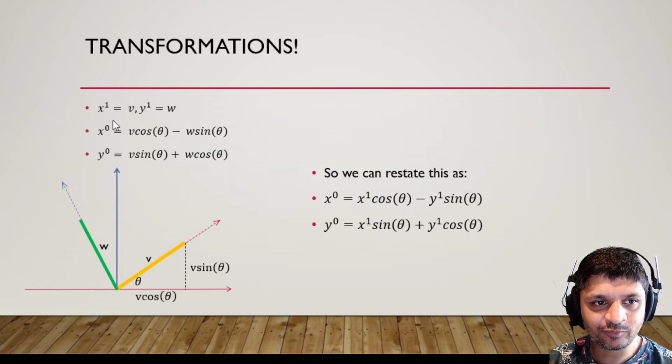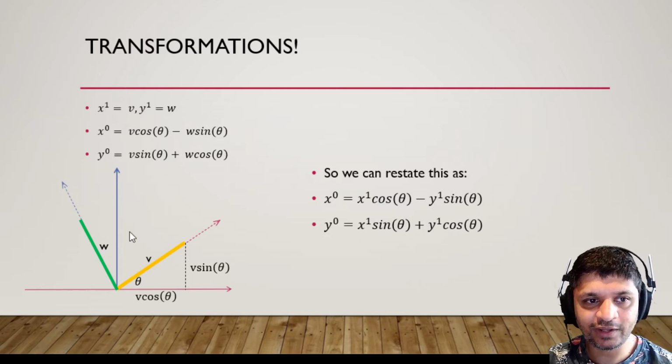So if we try to express this, x1, the x position in the robot's reference frame, will become v because I've moved v along the x-axis, and y1 will be equal to w because I've moved w along the y-axis of axis 1. x0 will become v cos theta minus w sine theta, because we've moved along x by v cos theta due to the v movement, but then moved backwards by w sine theta due to the w movement.